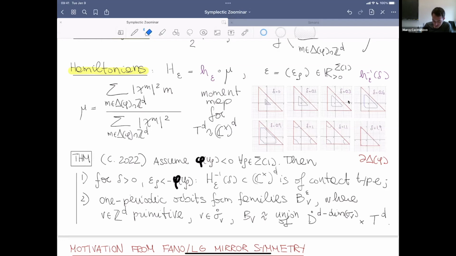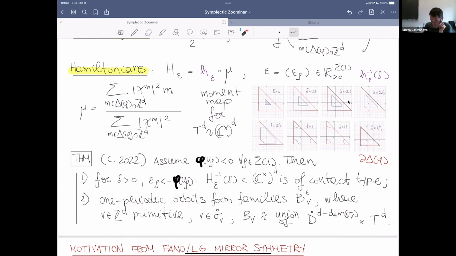And the second part of the statement is that there are families of one periodic orbits of these Hamiltonians, families that I denote B_v epsilon, that are naturally associated with primitive lattice points in your fan.